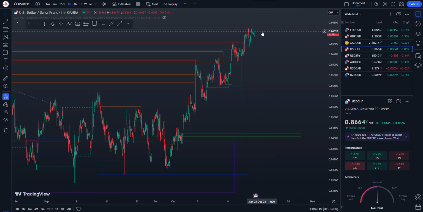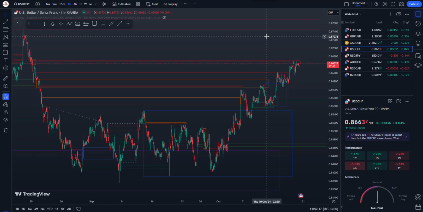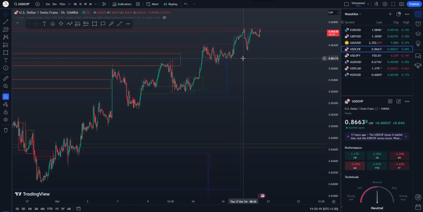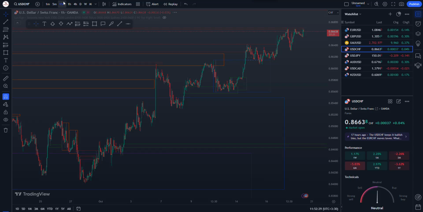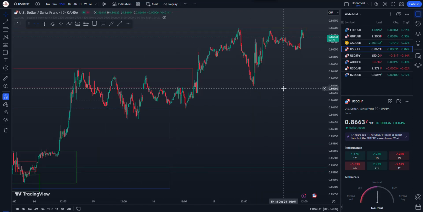So for now price reached that level, and this one is going back to there. This is going to work here.